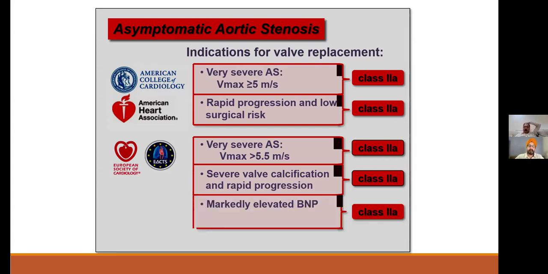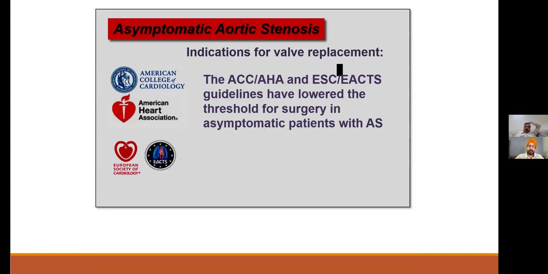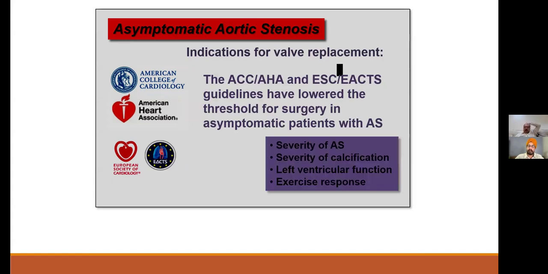Another recent inclusion is marked elevation of BNP, which, if it is more than 3 times the baseline, is a class 2A indication.